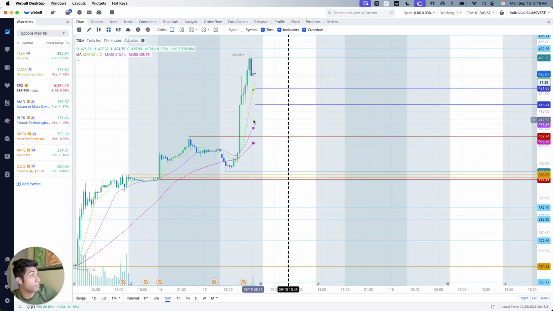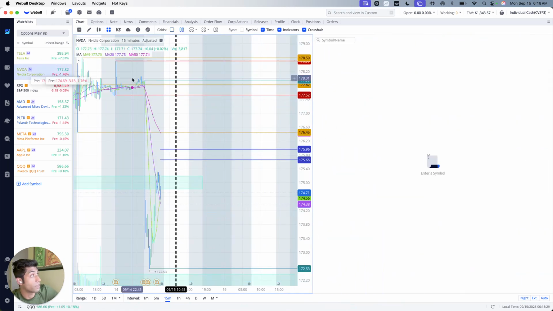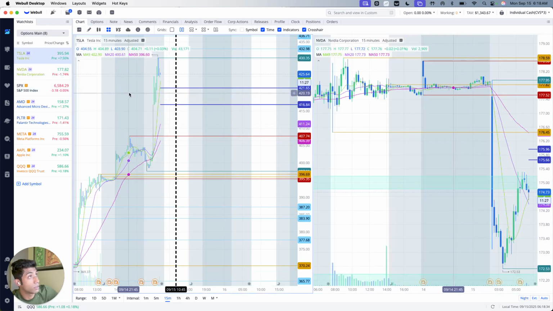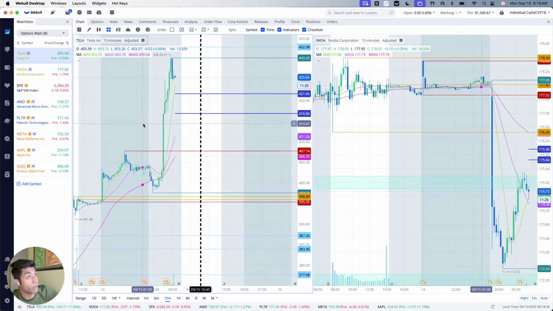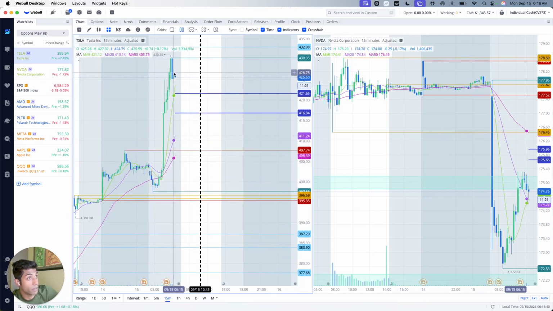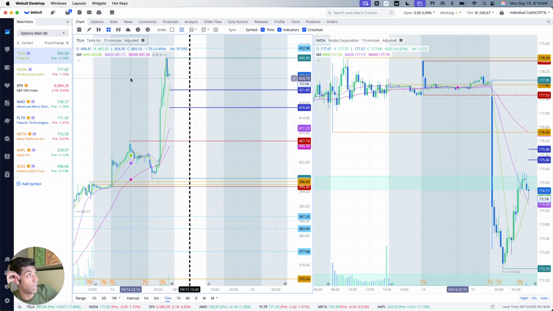For today, just looking at Tesla, for instance, we can even pull Nvidia up as well. I'm looking at this accumulation. Obviously, this London session manipulated upwards a lot and took out a bunch of highs.